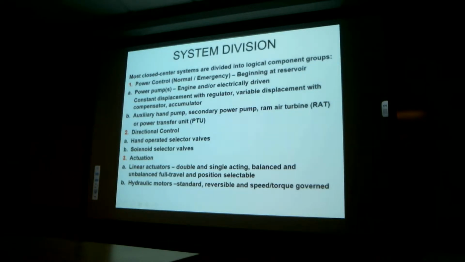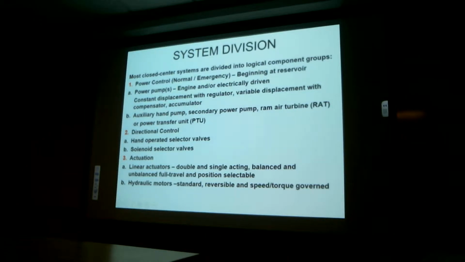So all the things that are responsible for providing the push and regulating the flow of hydraulic fluid are included in that group, including the reservoir. The auxiliary hand pump, if there is one, the secondary power pump, ram air turbine, or power transfer unit are also included in that group. So that's everything that really provides power. By the way, many schematics are developed from left to right. So when you look at a schematic, usually at the left-hand side of the diagram, you'll find those components.